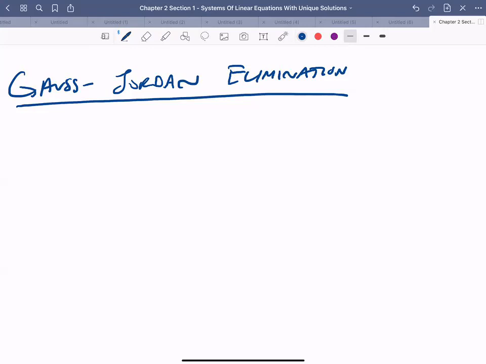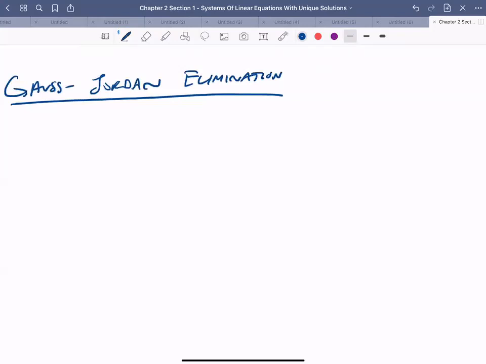In Gauss-Jordan elimination, what you're doing is you're going to use what we call elementary row operations to solve systems of equations.